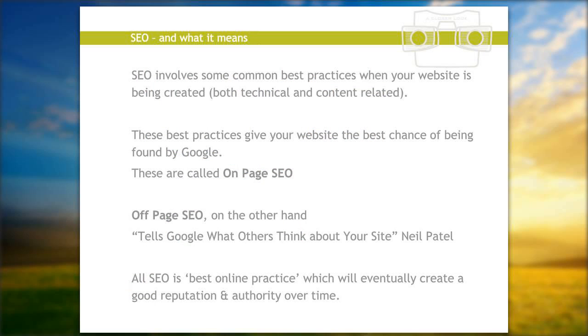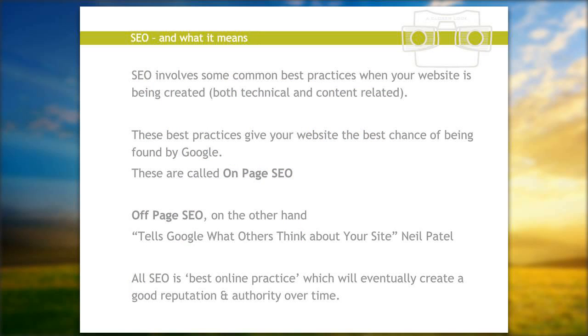So search engine optimization involves some common best practices when your website is being created, and this is both from a technical point of view and from a content point of view. So these best practices give your website the very best chance of being found by Google.